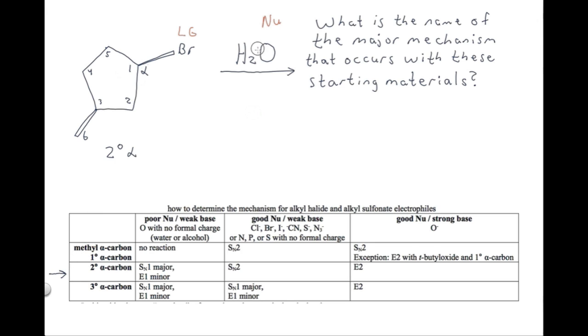And we're using the neutral oxygen in water as the nucleophile, so we're going to be in this column. That tells us we're in this cell where the major reaction will be SN1. So we expect that the major reaction here will be SN1.